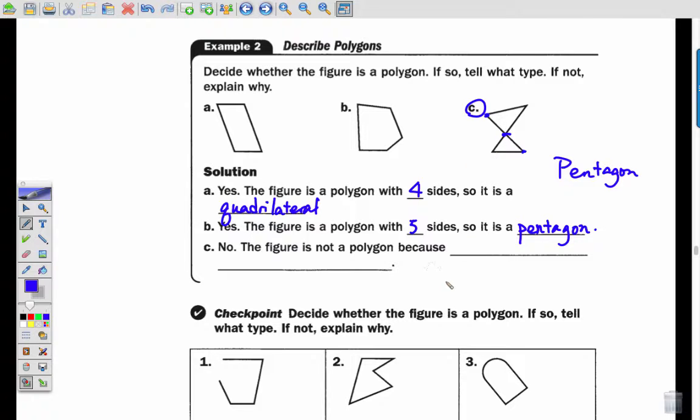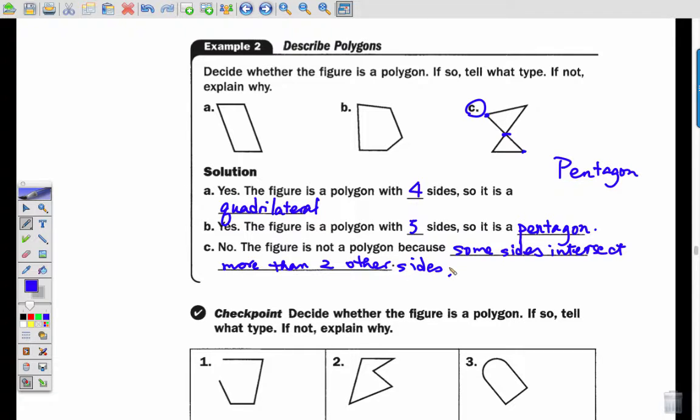So therefore this is not a polygon because some sides intersect more than 2 other sides, right? So we said some sides, or 2 sides, this side and this side, intersect more than 2 other sides.